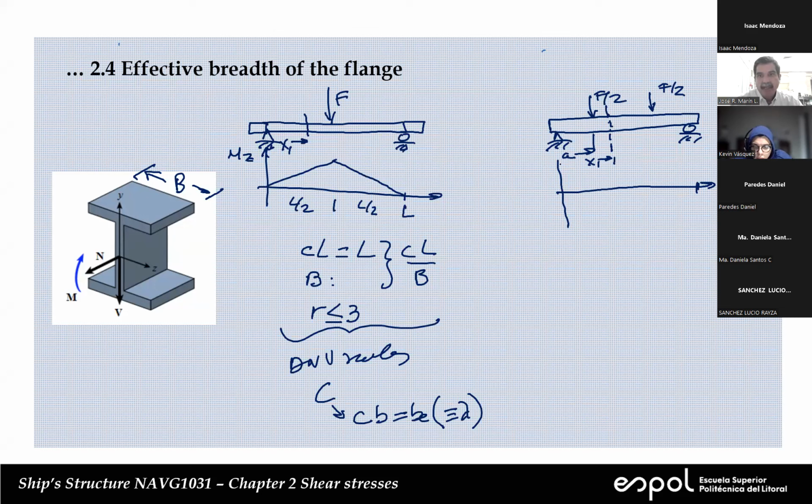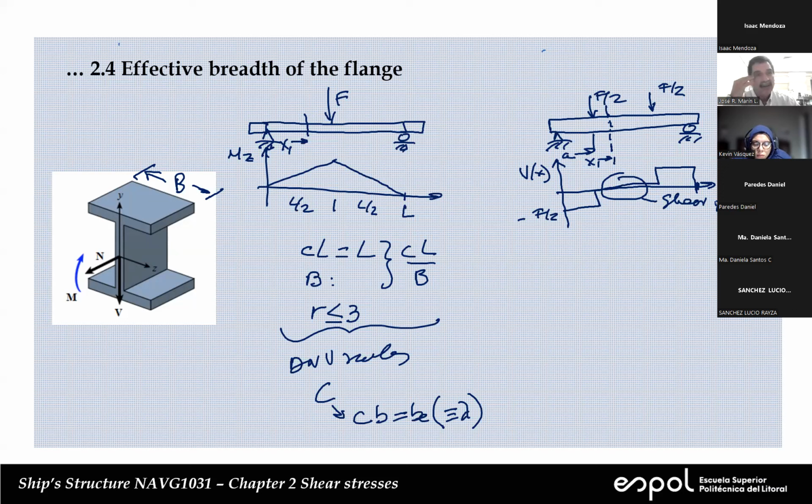What happens now? Well, in this case, the shear force was like this, and like this. So this is F over 2, negative. So in this area, we are free from shear effects.